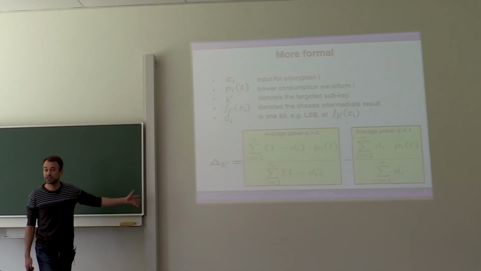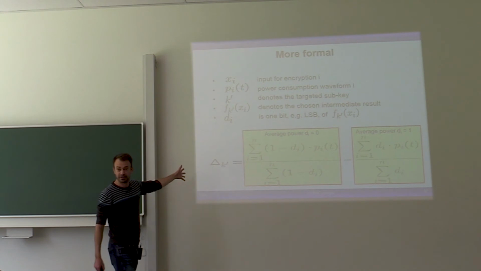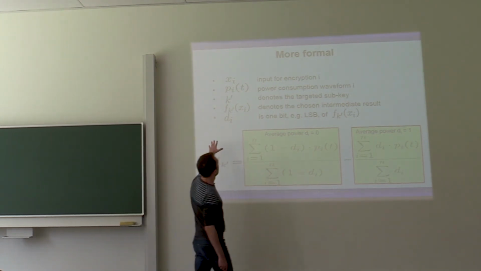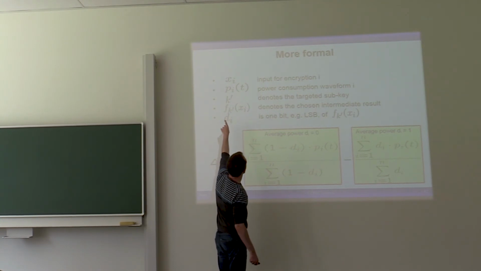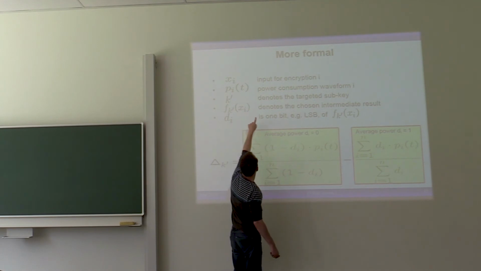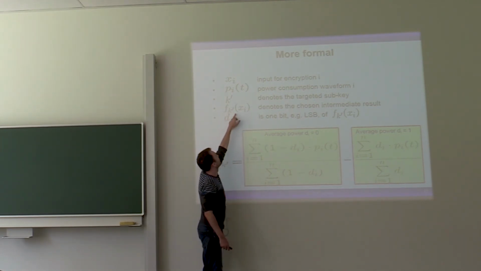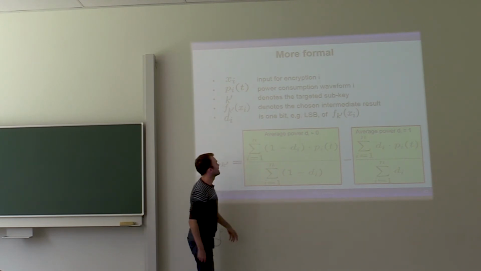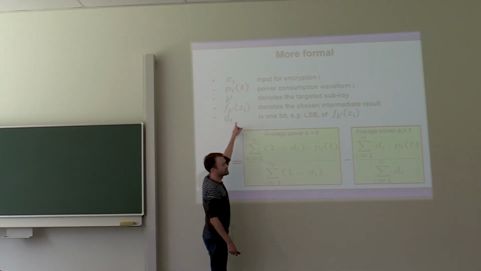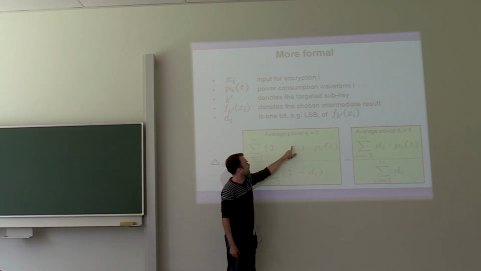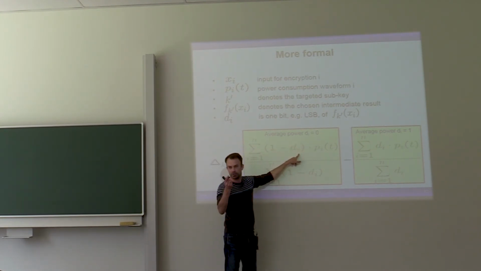So, third way to explain it for the people who like formulas, it's exactly the same thing. We have inputs, we have power consumption vectors, we have k prime, the targeted subkey. This f_k'(x_i) is the chosen intermediate result, our S-box output, and the d_i is the LSB of that. So we have to compute these d_i's, ones or zeros.